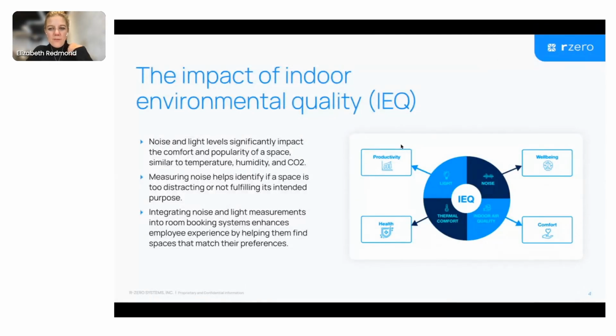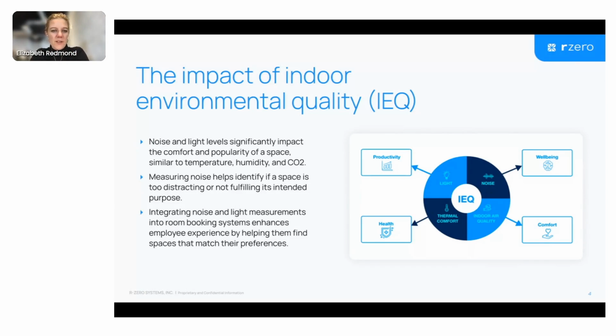When we think about indoor environmental quality, that to us is a bit more well-rounded than just the concept of IAQ. So this brings in elements of measuring for noise, measuring light levels, temperature, humidity, CO2, other elements that are going to significantly impact comfort.